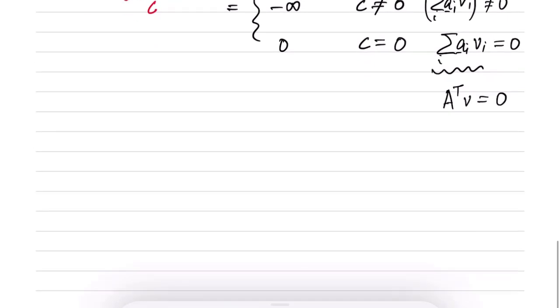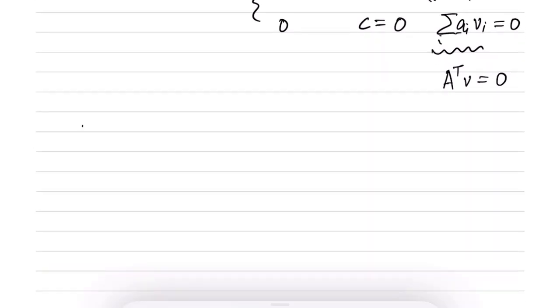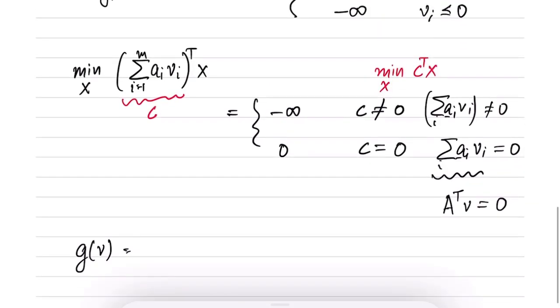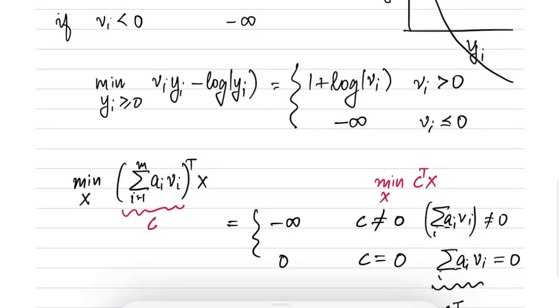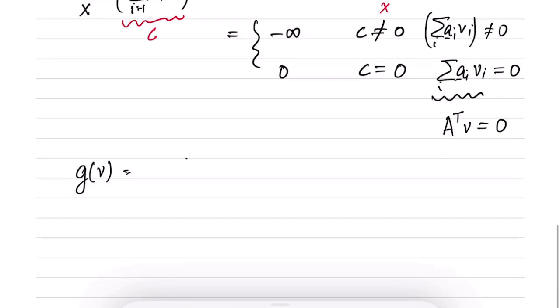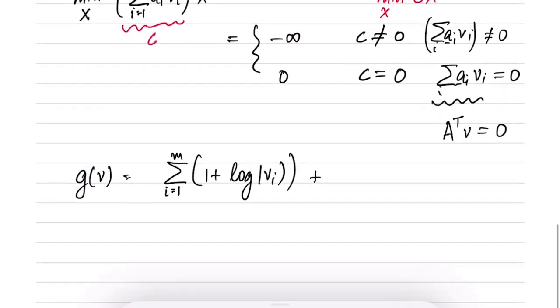Now let us add together all the terms that we had. So let us write down G nu as, in the first case, the summation from i equal to 1 to m of 1 plus log of nu_i. So that was the first term. The second term was 0, and the third term was minus b transpose nu.